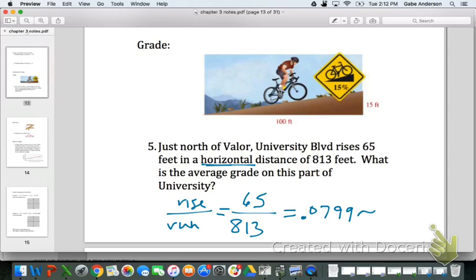So this would be approximately equal to, if we round it off, 0.08. 8%. It's always a percentage, so you'd say 8%. So that part of University is 8% grade average.